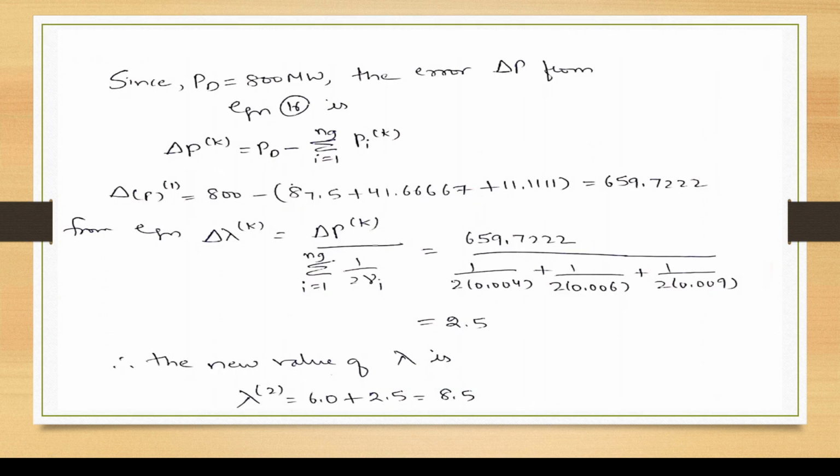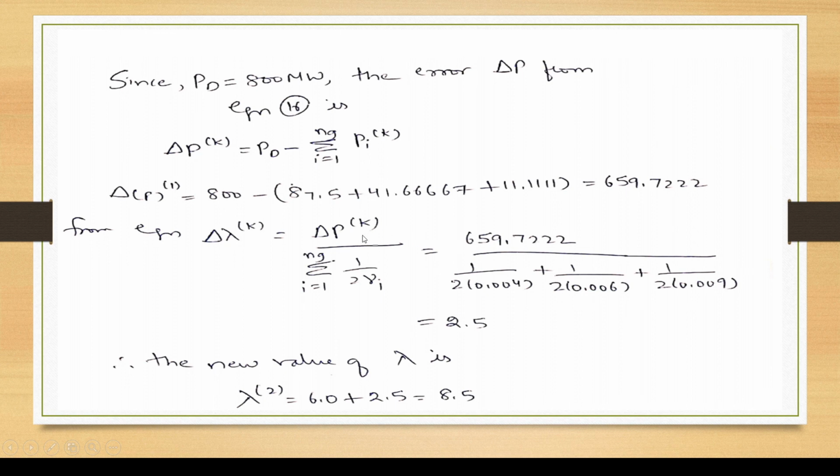So we get the delta P value as 659.7222. These are the equations of the gradient method we just saw: delta lambda k equals delta Pk divided by summation i equal to 1 to Ng of 1 by 2 gamma i.